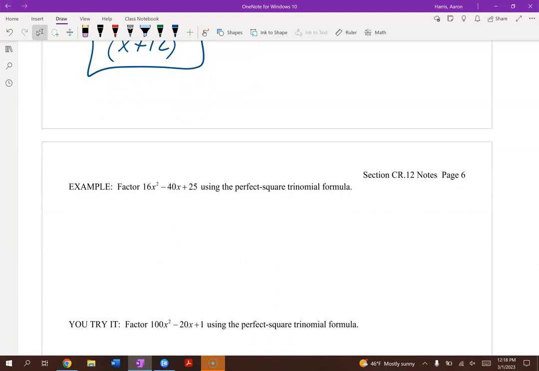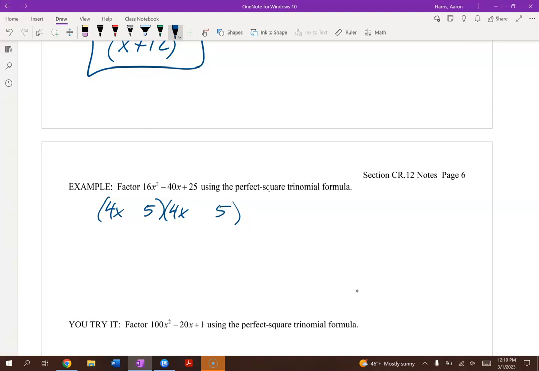All right. If I'm looking at this one, does this thing factor? Well, it actually is in the form a squared minus 2ab plus b squared. Might be hard to see, but you say, well, let's give it a shot here. 4x quantity squared is the 16x squared. Factors of 25 are 5 and 5.